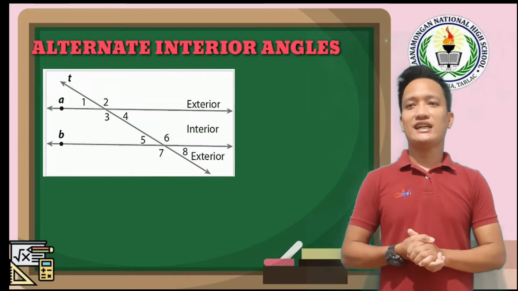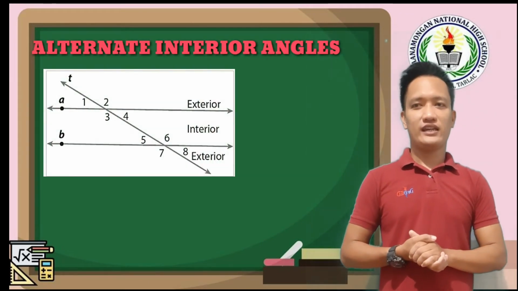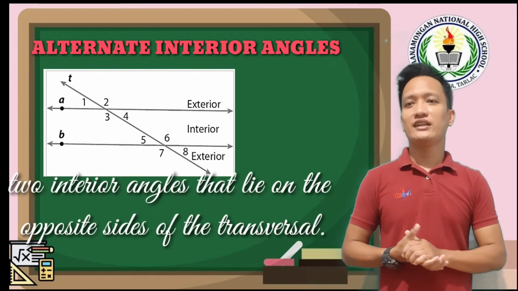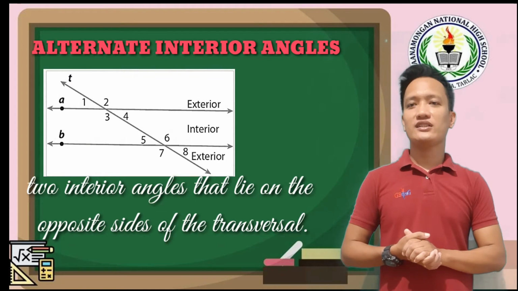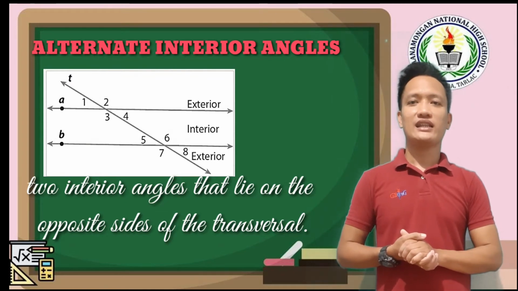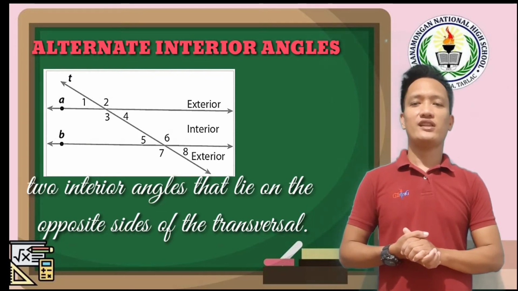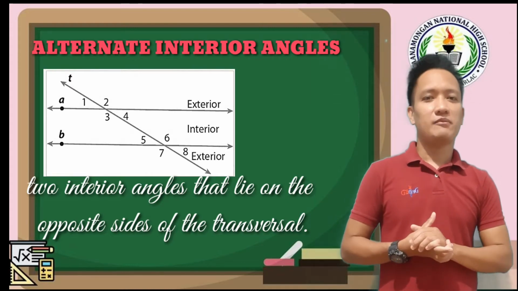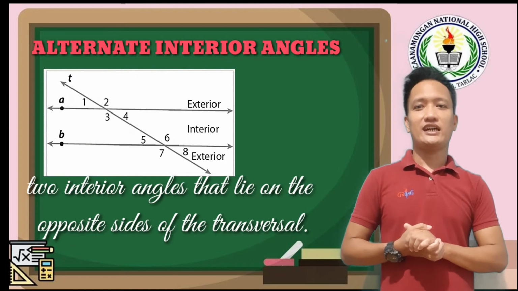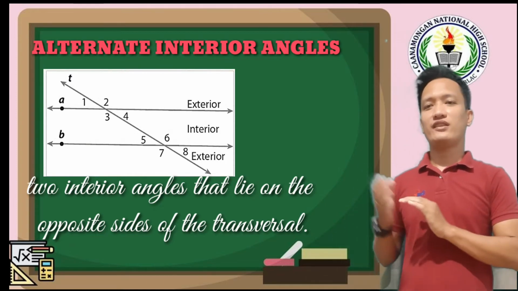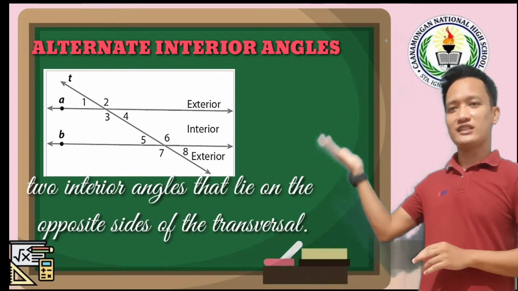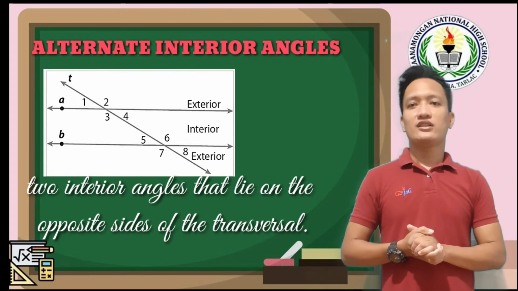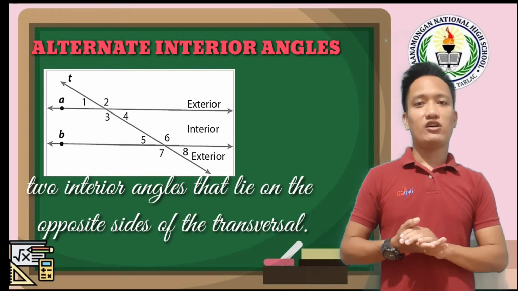The next is alternate interior angles. So what are alternate interior angles? Alternate interior angles are two interior angles that lie on the opposite sides of the transversal. So kanina na-identify natin. Ano nga ba ang mga angles na nasa interior o nasa loob? So we have 3, 4, 5, and 6 as you can see. Pero ang sabi dito is alternate interior. So sinabing alternate interior, it is opposite.